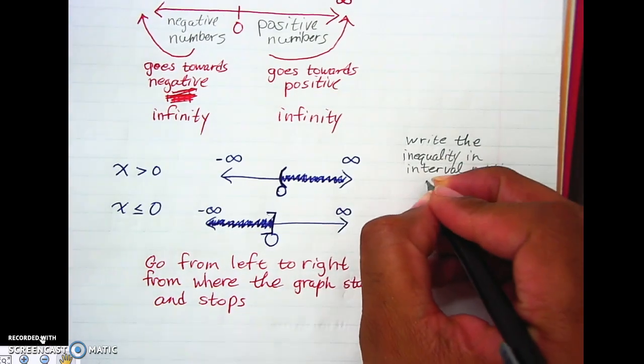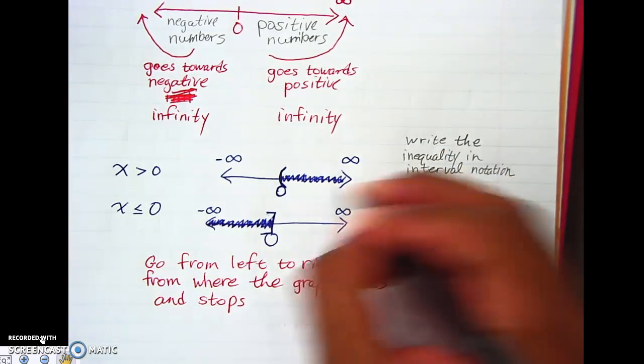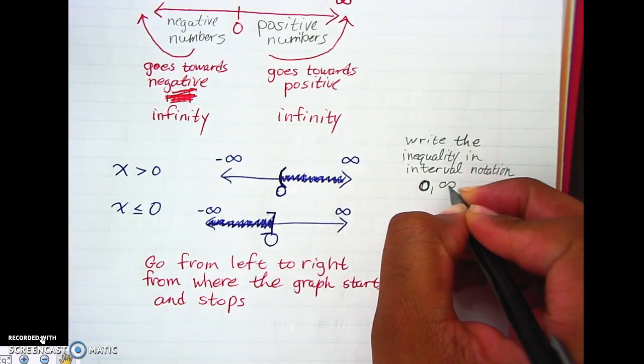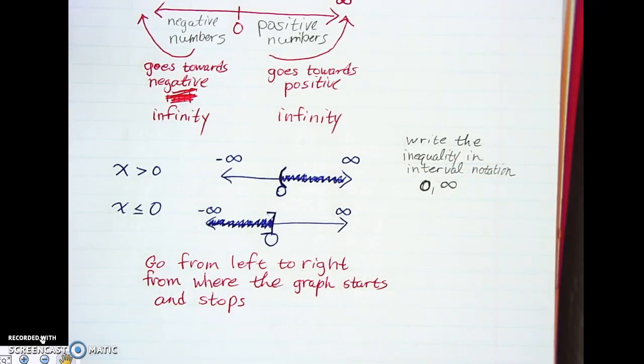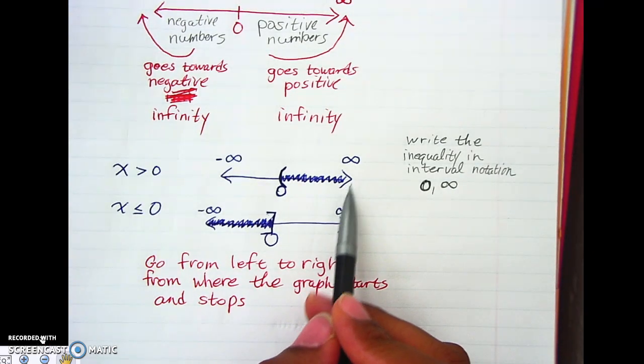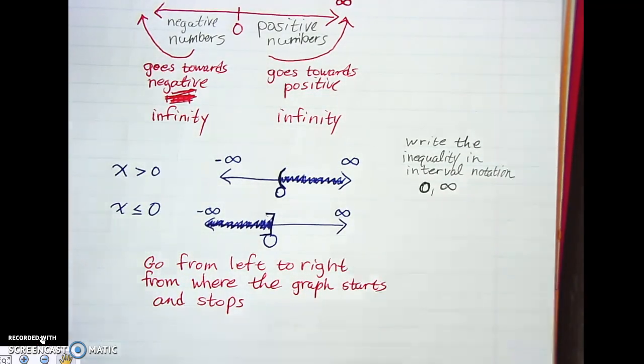So we start with 0, because that's where everything starts for this graph, and then it goes on forever and ever to positive infinity. What you should notice is that there is no bracket or parenthesis on the graph for infinity.